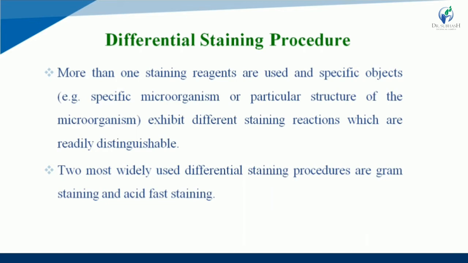What are the two most widely used differential staining procedures? The first one is gram staining and the next one is the acid fast staining method. What are the gram staining method and the acid fast staining method? We will discuss them briefly in the next lecture.